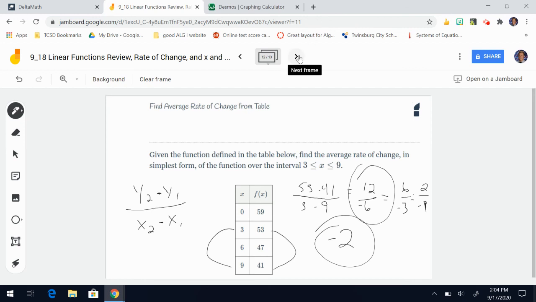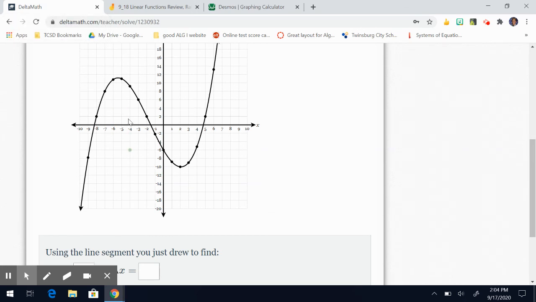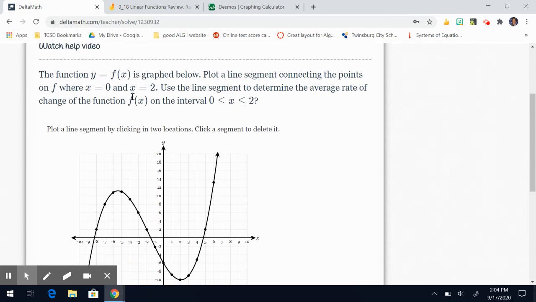All right. One last thing I wanted to show you here was in this problem, the function y equals f of x is graphed below. Plot a line segment connecting the points of f where x equals 0 and x equals 2. Use the line segment to determine the average rate of change of the function in the interval 0 less than or equal to x less than or equal to 2.